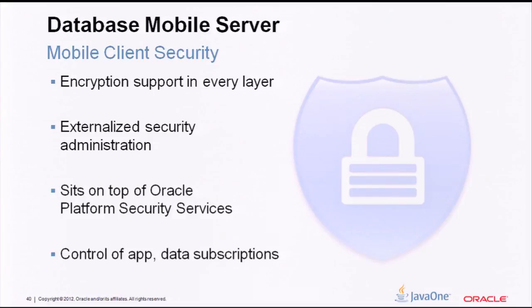The most important of those is called Oracle Platform Security Services, which is a set of standardized Java APIs designed to enable the best security practices for Java applications. And lastly, by virtue of being able to control your app and data subscriptions, you really get an extra measure of security on top of other types of implementations.